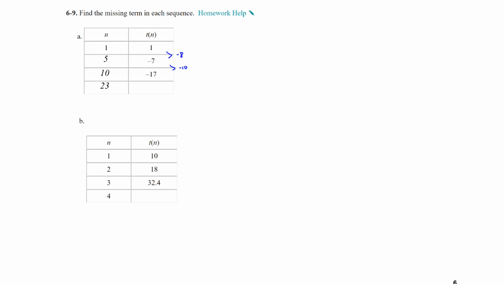So what we need to do is figure out if this is a linear sequence or arithmetic sequence by seeing if there is that constant change. So we're actually going to find the rate of change for the first 2 points, which I already showed you, but I can show you again. So this would be the change of y, which is in this case t of n.